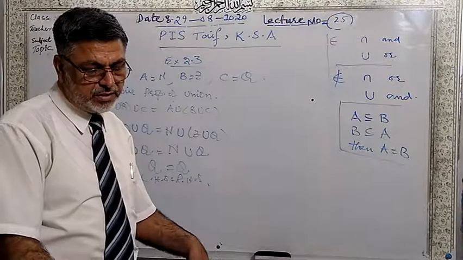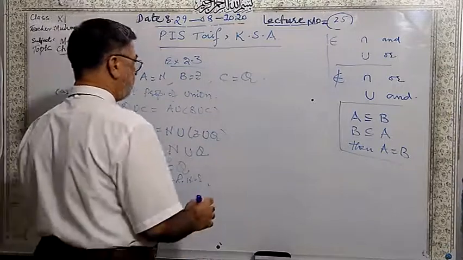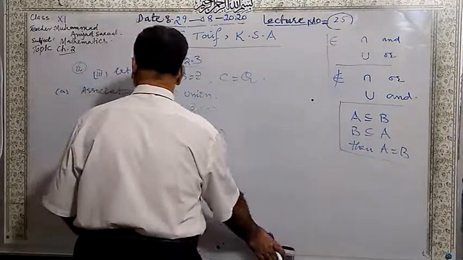So we have the distributive property of union over intersection. Part number 3. Distributive property of union over intersection.